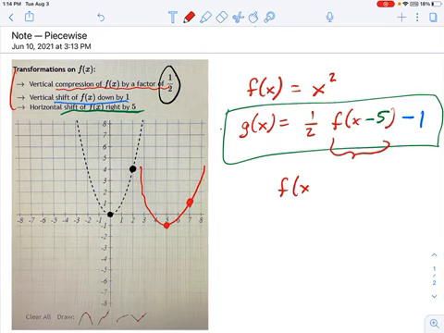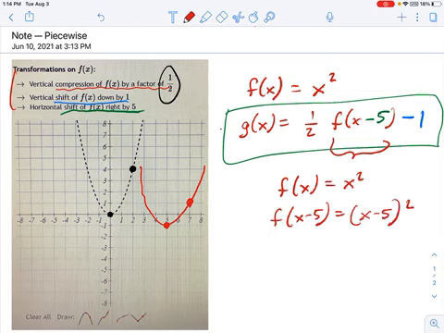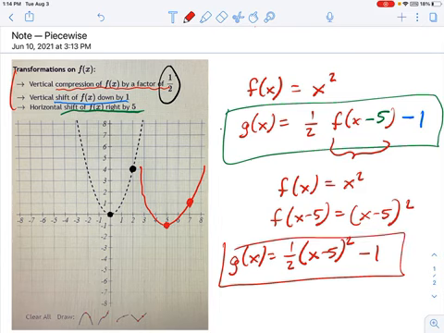Well, if f of x equals x squared, then f of x minus 5 equals (x minus 5) squared. Okay, and that means g of x equals 1/2 (x minus 5) squared minus 1. That'll be your answer for the equation in regular equation form.